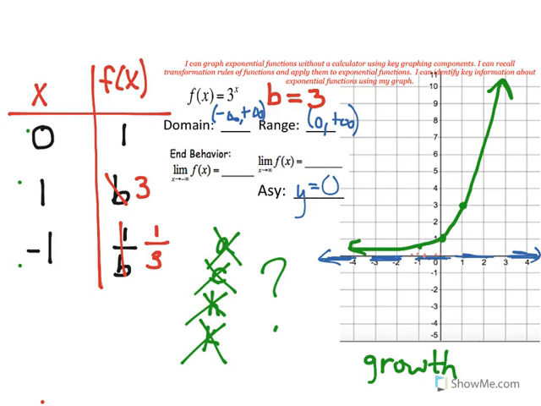As my x values approach negative infinity, what are the y values approaching, or what is the f of x value approaching? 0. And the limit as x approaches positive infinity, so as my x values move to the right, what are the y values doing? They are approaching positive infinity as well. Okay? And that's it. You just graphed your first function.